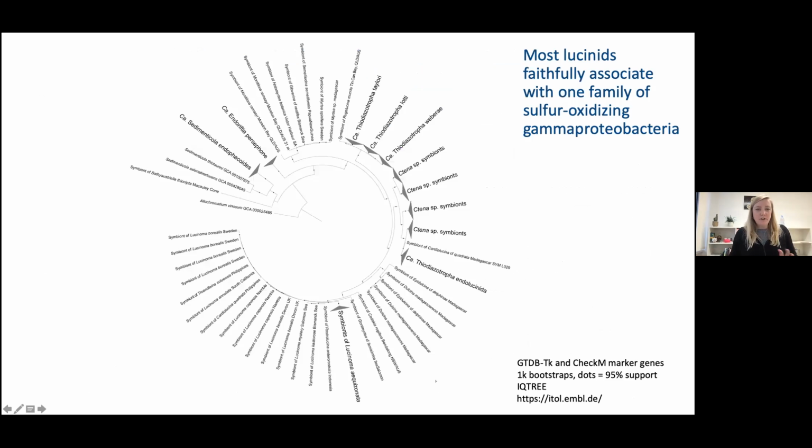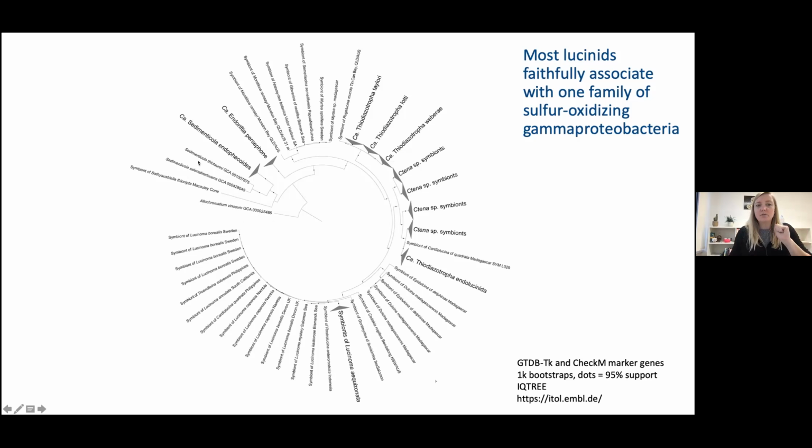Okay, so just to walk you through this, most of the lucinids that we've sequenced so far, most of the symbionts we've sequenced so far, all belong to one family of sulfur oxidizing gamma proteobacteria. This is not showing all of them here, but a representative set, and most of them are associated with Allochromatium venosum, a cultivated, very well-known sulfur oxidizing bacterium.